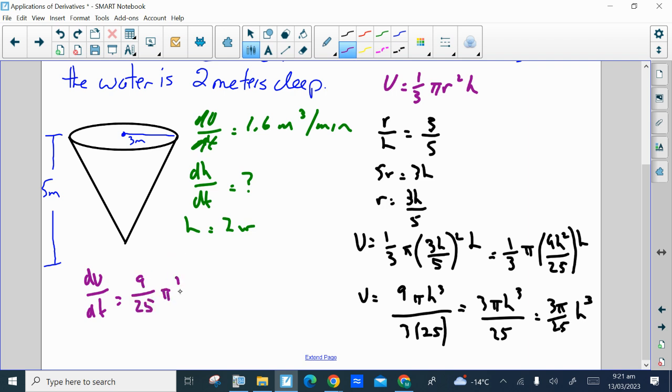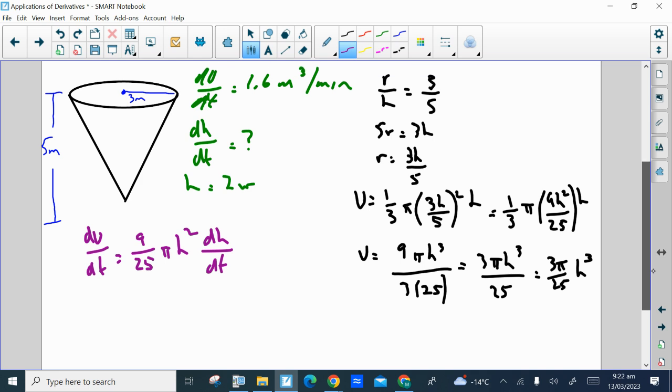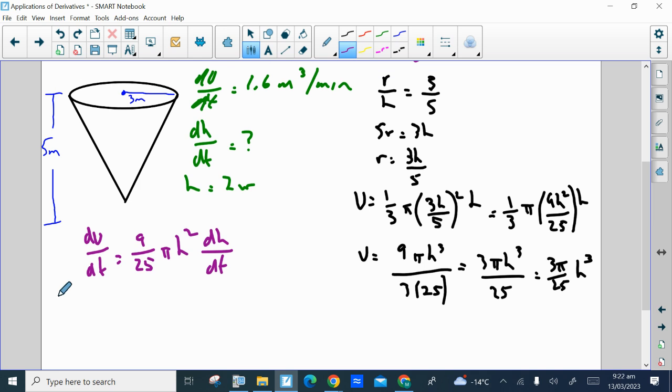The power on h decreases by 1, which gives us h squared, and then we multiply by the derivative of h with respect to time, the derivative of what's inside the brackets. So dv by dt is 1.6 meters cubed per minute, and that equals 9 pi over 25 times h, which is 2 meters that needs to be squared, times dh by dt.